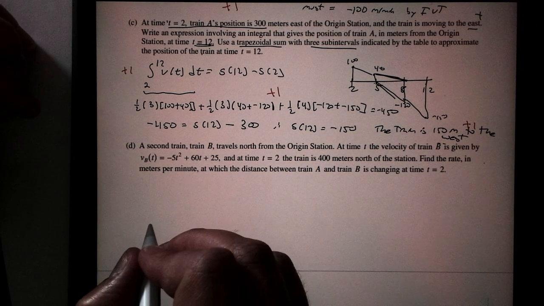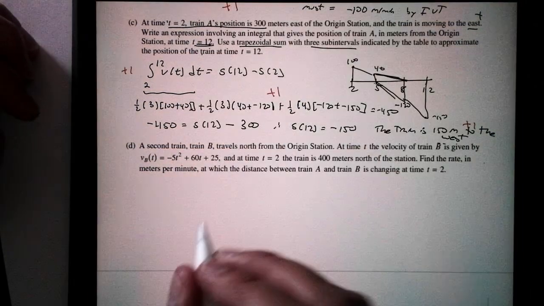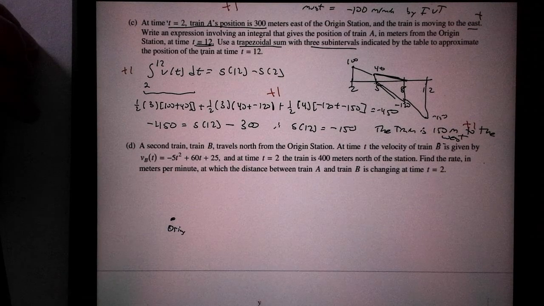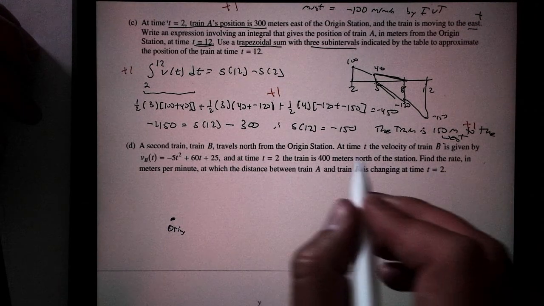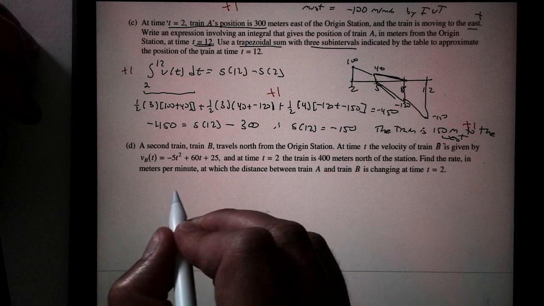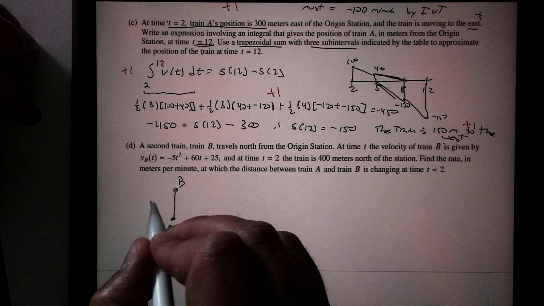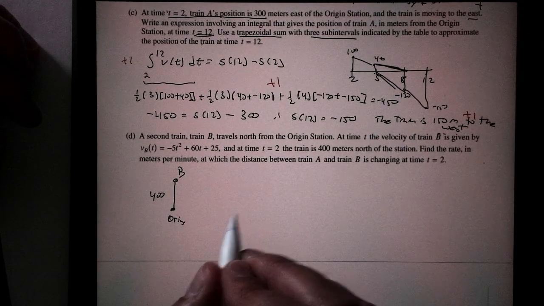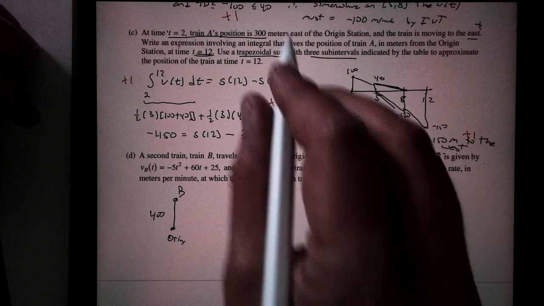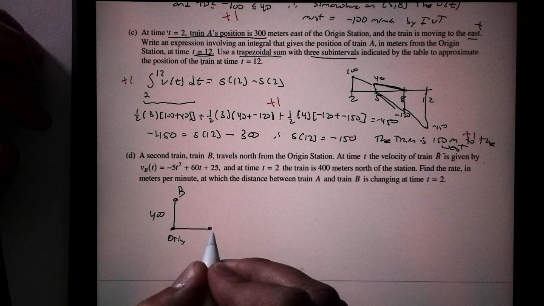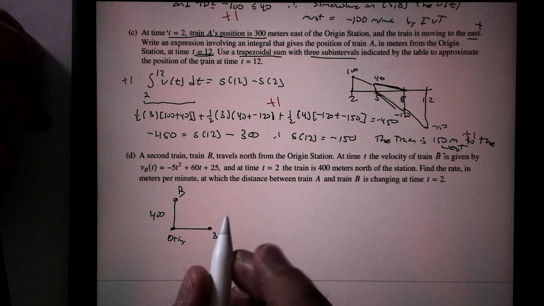All right, so here we go. Actually, at t equals 2, we do know that. So here's origin station. So I'm going to set this up. Train B is 400 meters north. So here's train B. It's at a distance 400 meters. Train A, remember, is 300 meters east of origin station.